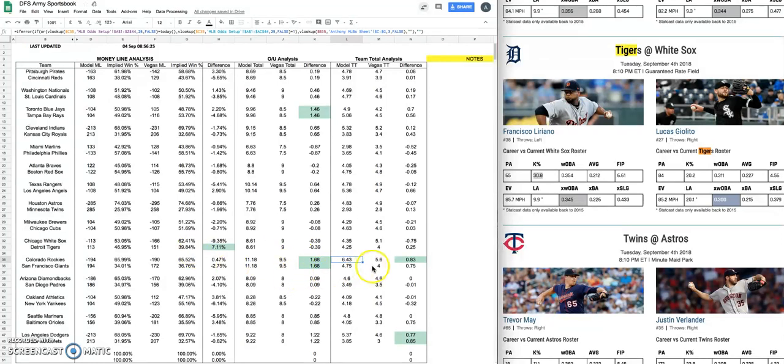And you know what, San Francisco also gets a bump over here. But what interests me the most here is that the model is agreeing with the Rockies being the top team in terms of implied run totals.